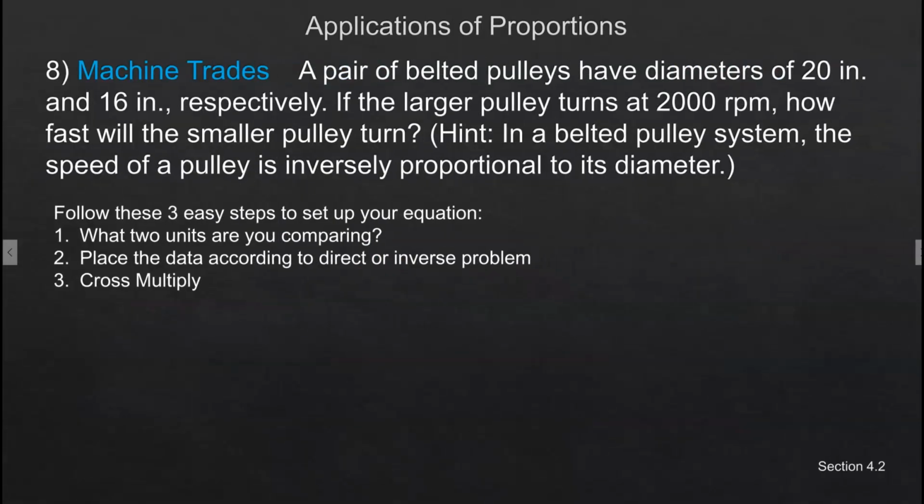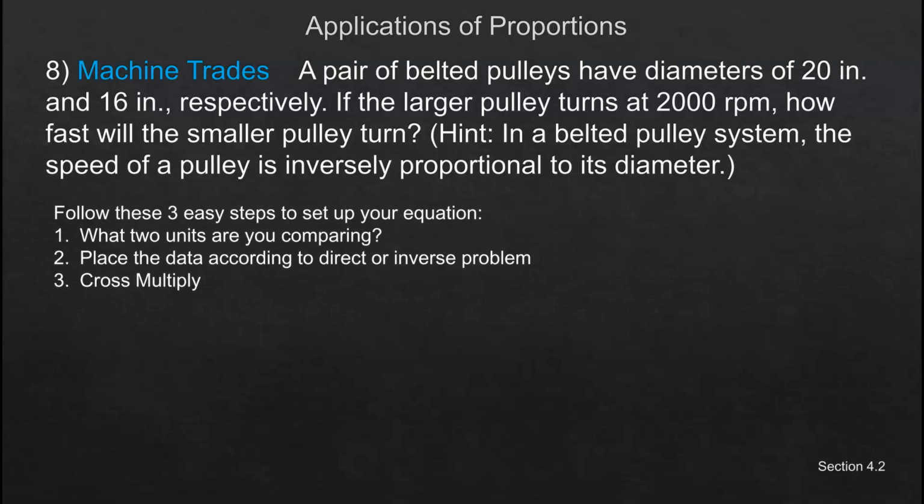All right, here's the next one. A pair of belted pulleys. So belted pulleys are usually an inverse, but we'll talk about this in a minute. A pair of belted pulleys of 20 inches and 16 inches respectively have diameters of 20 inches and 16 inches respectively.